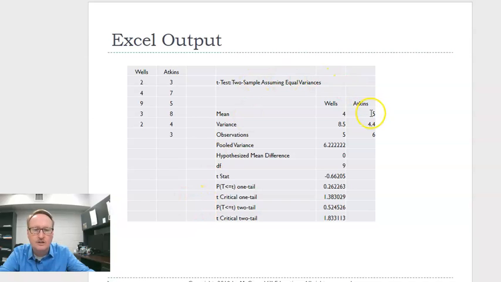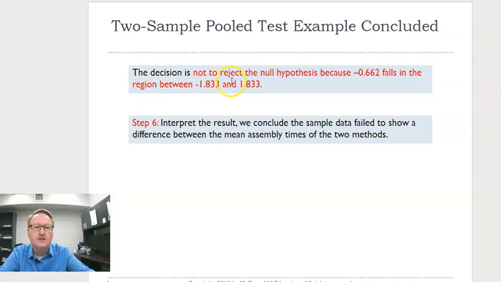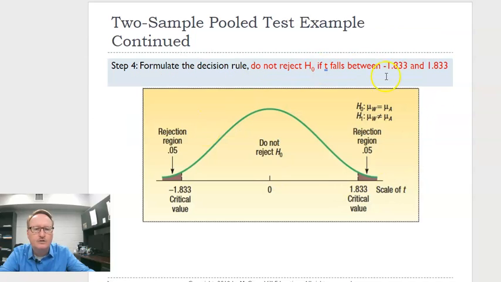Okay, so 6 questions, but some of them have multiple questions. So here's the thing. The decision is to not reject the null hypothesis because minus 0.66 falls in the region between negative 1.833 and positive 1.833. So back to our drawing. Always think about the drawing in your head because that helps you understand.